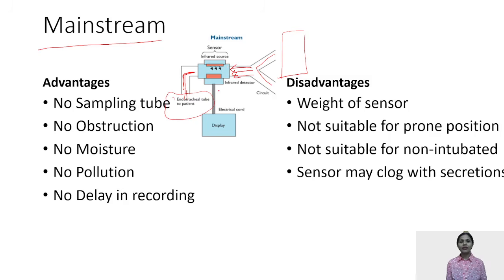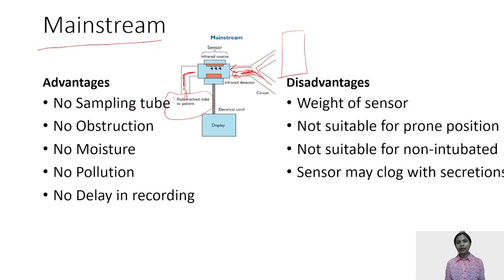This is the mainstream sensor, which lies between the endotracheal tube and the expired limb of the circuit. The advantage of such a sensor is that there is no sampling tube, no obstruction, no moisture problem, it is less polluting, and there is no delay in recording the EtCO2 values. Whereas when we talk about the disadvantages, the most visible is that it's quite heavy.